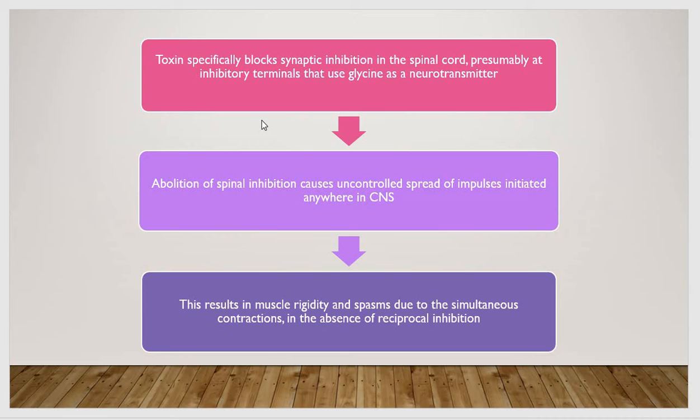This is because the feedback inhibition of muscles is blocked and the action of the antagonist and agonist muscles is not coordinated. So the result is that the muscles remain in a contracted state and they are not able to relax.